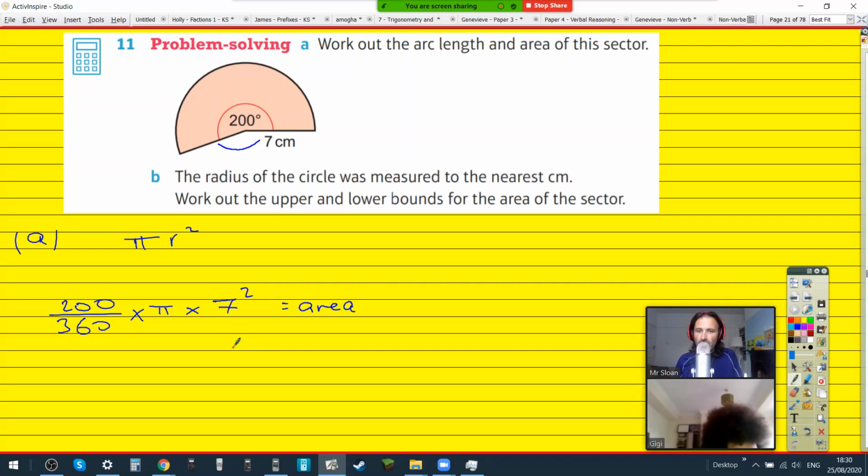How would you get the upper bound of the area of the sector? It's 85.5.